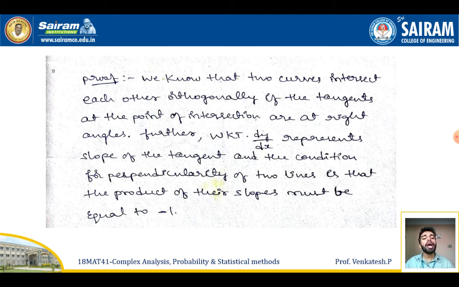So I am considering a slope in the Cartesian form: we know that dy by dx represents the slope of the tangent, and the condition for perpendicularity of two lines is that the product of their slopes must be equal to -1. I mean, if I multiply the two slopes of the two families of curves, the product must be equal to -1. Then only I can say the two curves are intersecting orthogonally.